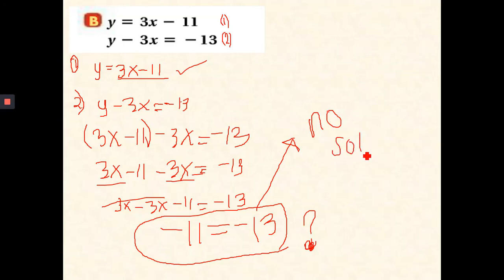Okay? Can you see now the difference? Based from our previous example, they are equal, then you're going to write it infinitely many solutions. But in this example, negative 11 is not equal to negative 13, therefore, the system has no solution. Okay? Any question about this?